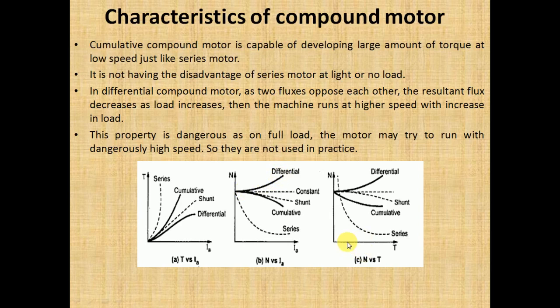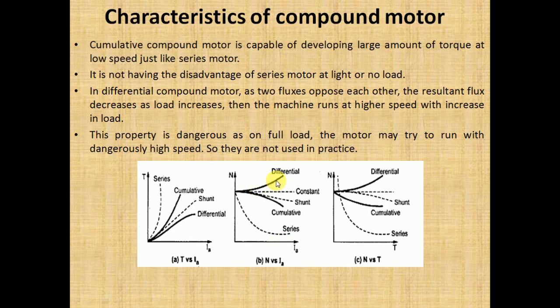The speed versus torque characteristics are very similar to the speed versus IA characteristics. Another important point you must remember is that in the differential compound motor, at full load condition, the magnitude of armature current will be very large. Hence, the value of flux will be very, very small.